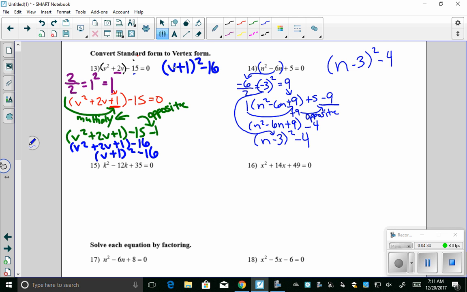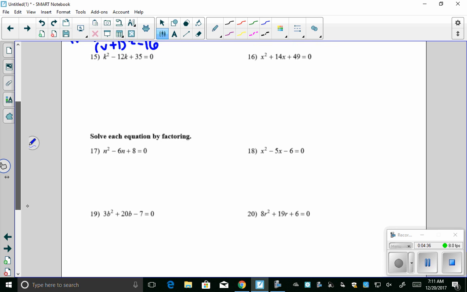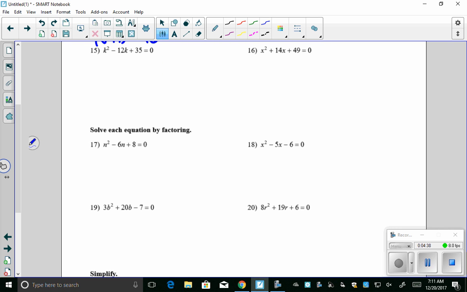Number 15. Parentheses. Pull out the negative 12. Negative 12 divided by 2 is negative 6.